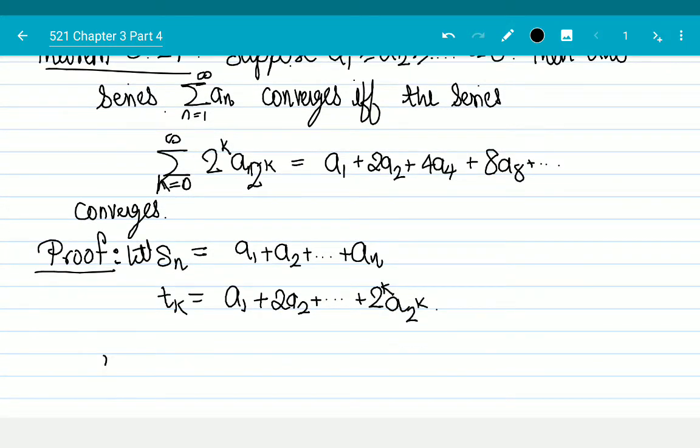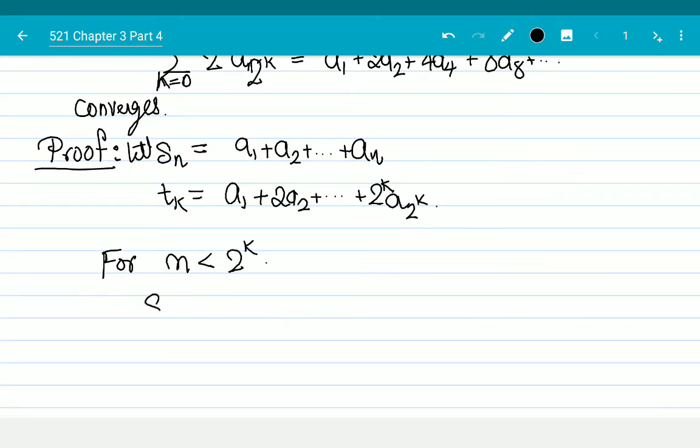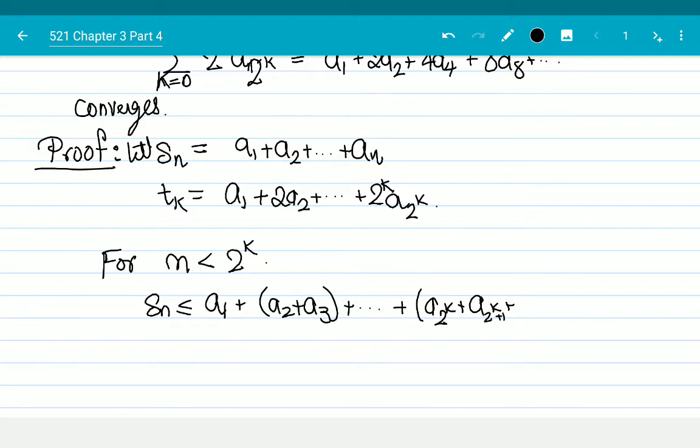So now for n smaller than 2 to the k, we have that Sn is smaller than or equal to a1 plus a2 plus a3, plus dot dot dot, plus a2 to the k plus a2 to the k plus 1, plus dot dot dot, plus a2 to the k plus 1 minus 1. Right? Well, what am I doing?